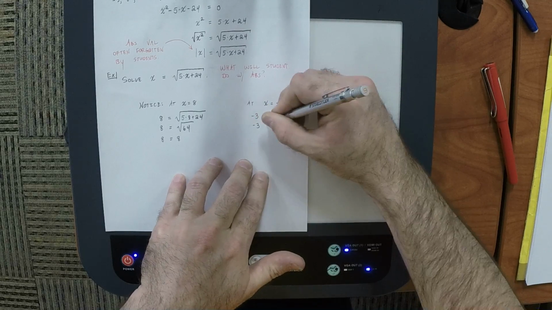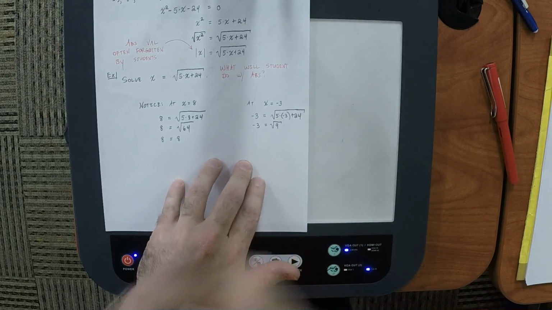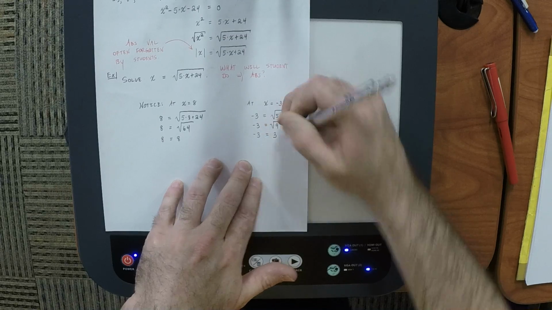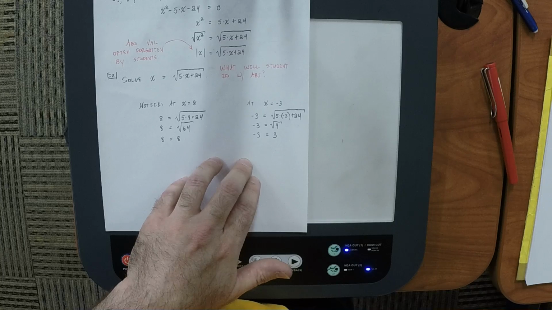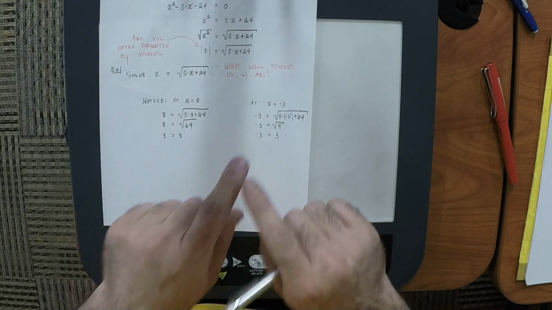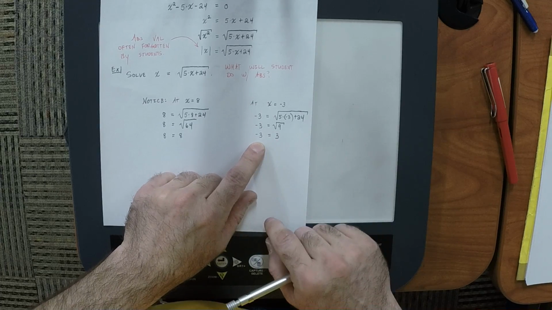So this would be -3 equals square root 9. And what is the square root of 9? 3. So here's an equation. Is it true? It's false. But if you square both sides, the result would be true, right?